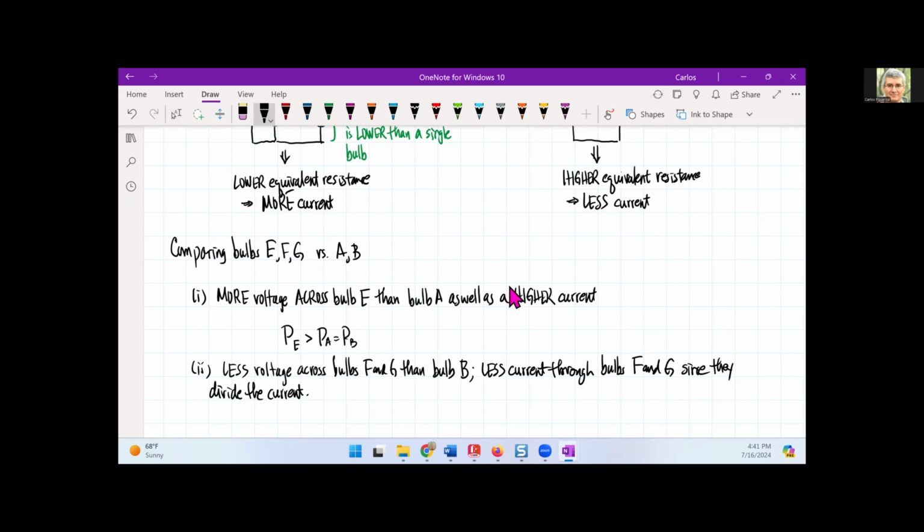So what that tells us is that they're going to have less current.